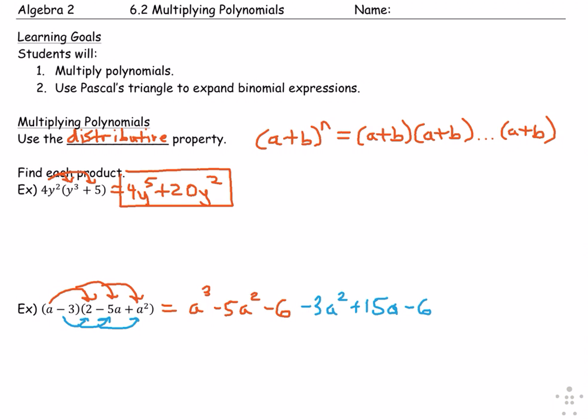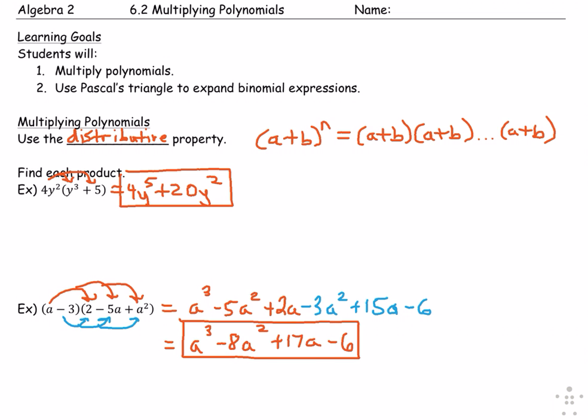And now I'm going to combine like terms, so they have to have the same variables raised to the same exponents, and then you just operate on coefficients. So I noticed that I had an arithmetic mistake. That should have been a positive 2a when I multiplied a times 2. And with that fixed, I now have this cubic polynomial of 4 terms.